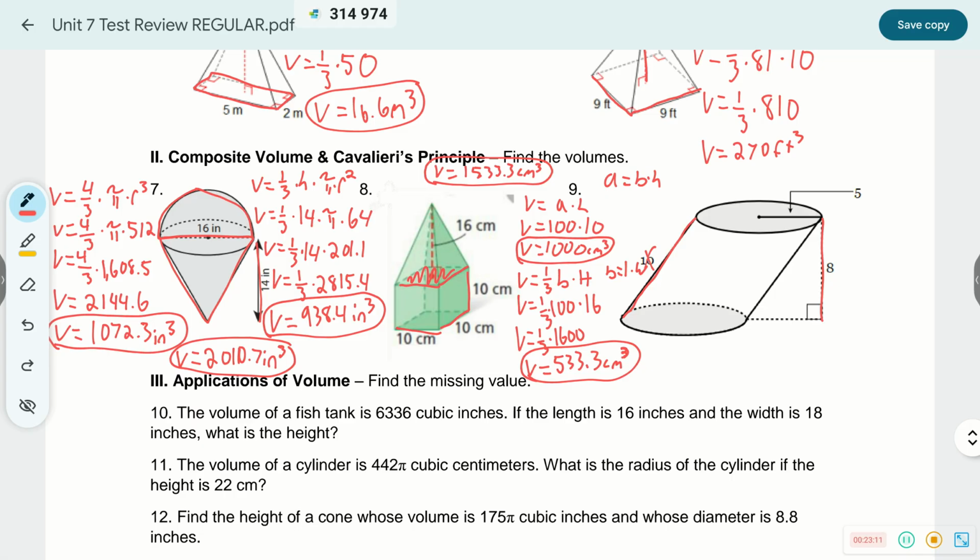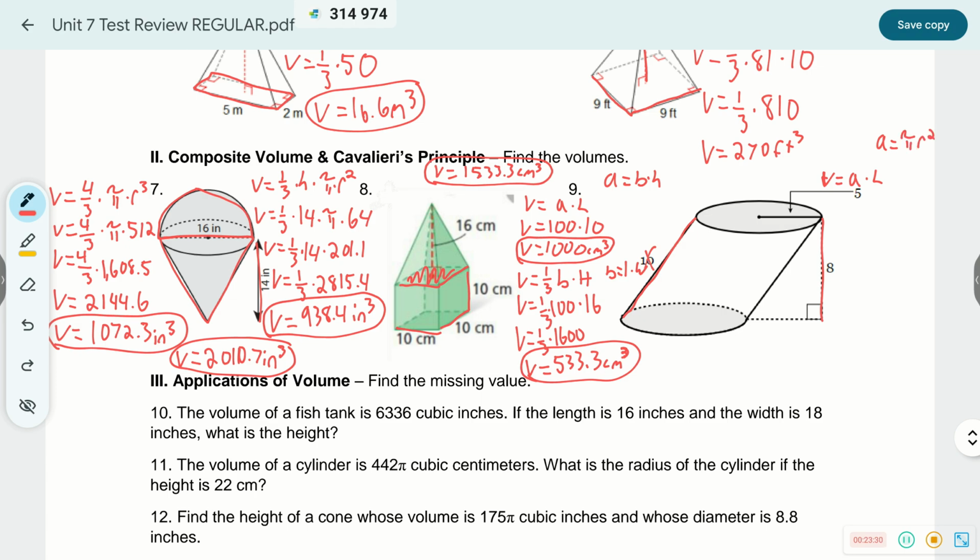So the volume of a cylinder is A, the area of the base, times the length, where the area equals pi r squared.